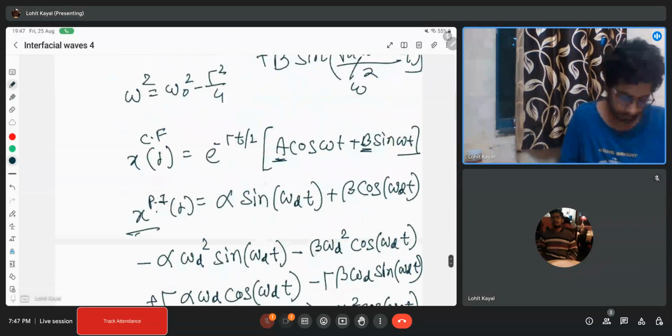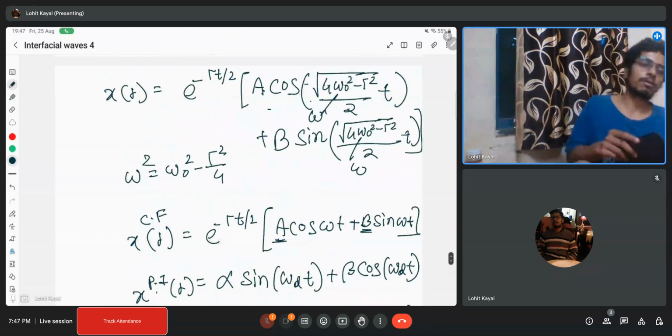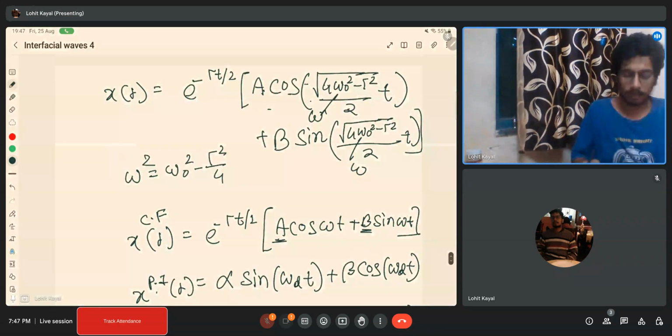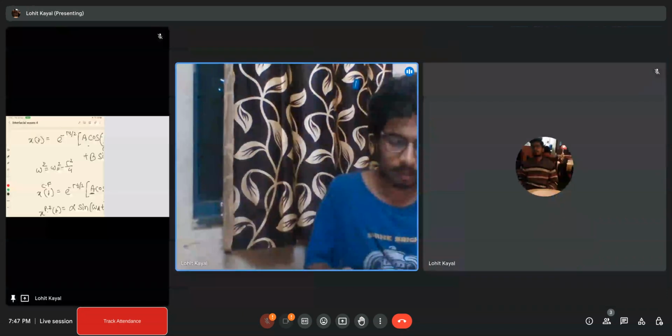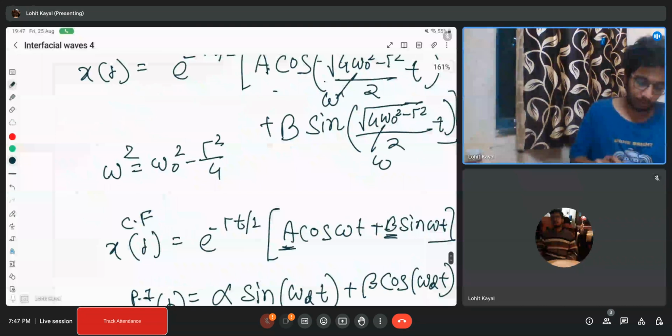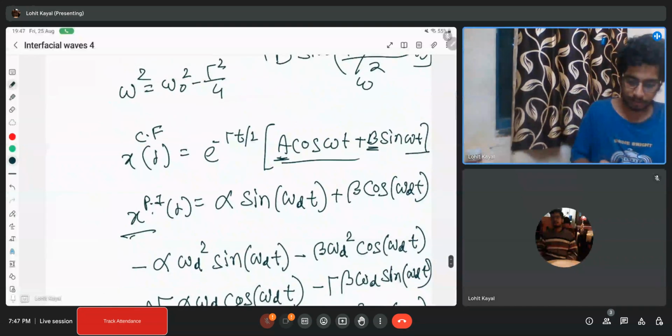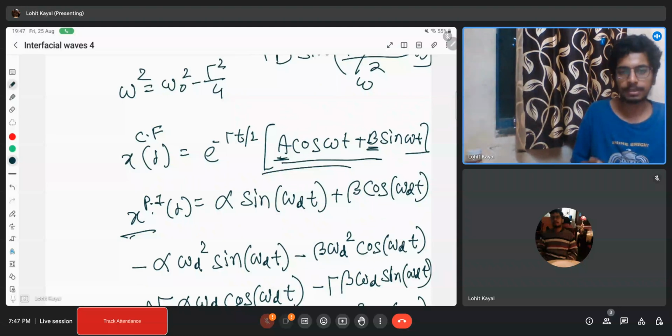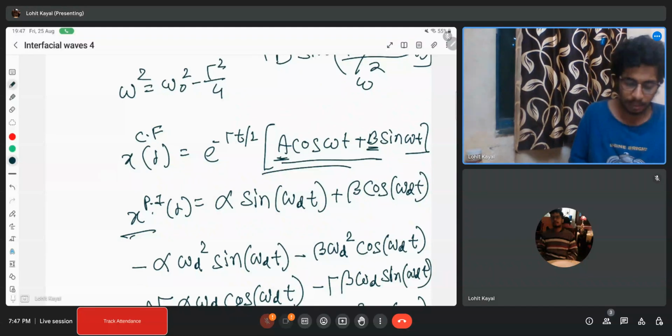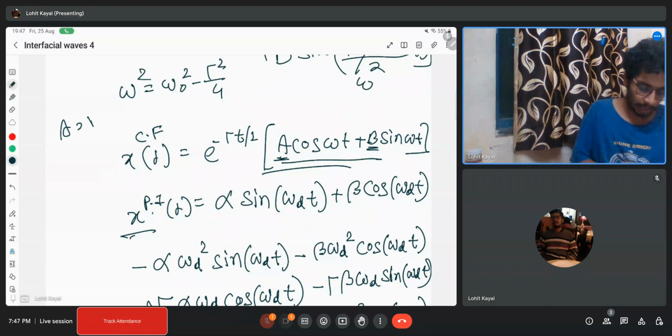Now if you look at the options given in the first question of assignment 4, you will find that this is my complementary function, given as a cos omega t plus b sine omega t. Now we can write a equal to some r cos phi and b equal to r sine phi.